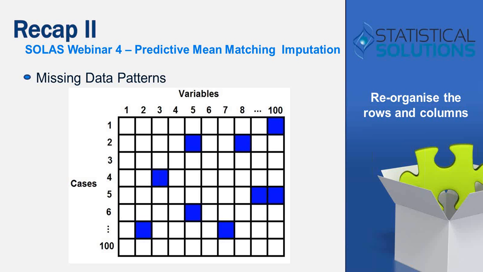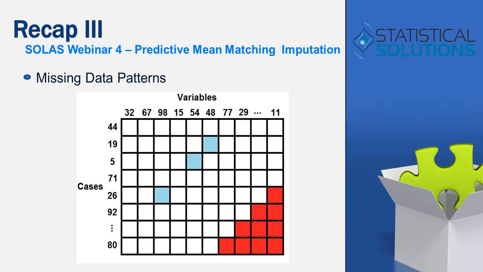Usually in real studies, not all the missing data will cluster together, so we have a separate group of unclustered missingness too. And this is displayed in this diagram that I've drawn here. So after we reorganize the rows, as you can see, the rows and the columns now have different numbers there because we've reordered the rows and columns.